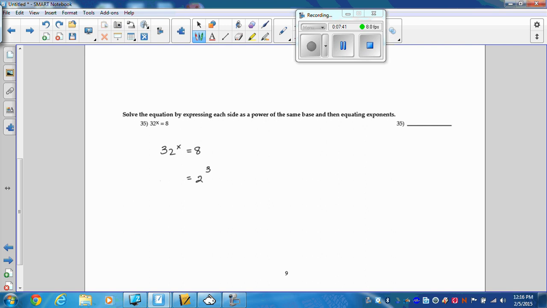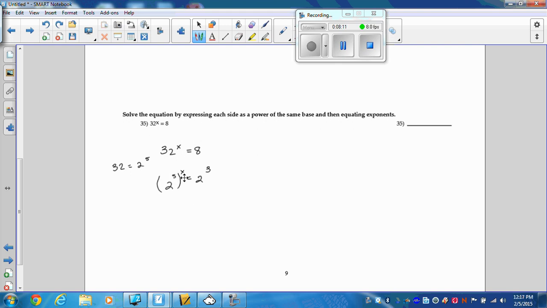So 32 is equal to 2 to the 5th, and all of that is going to be to the x power.